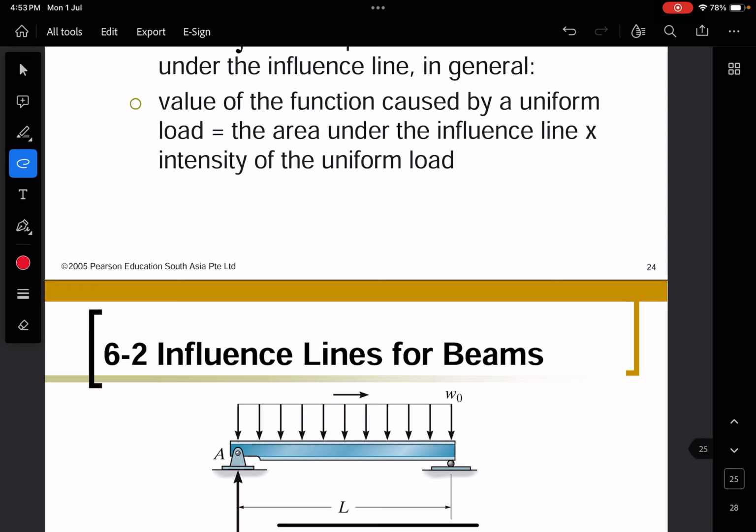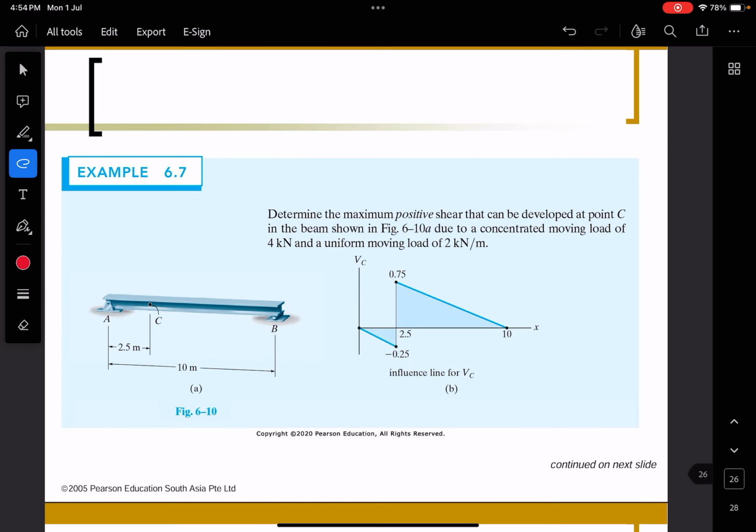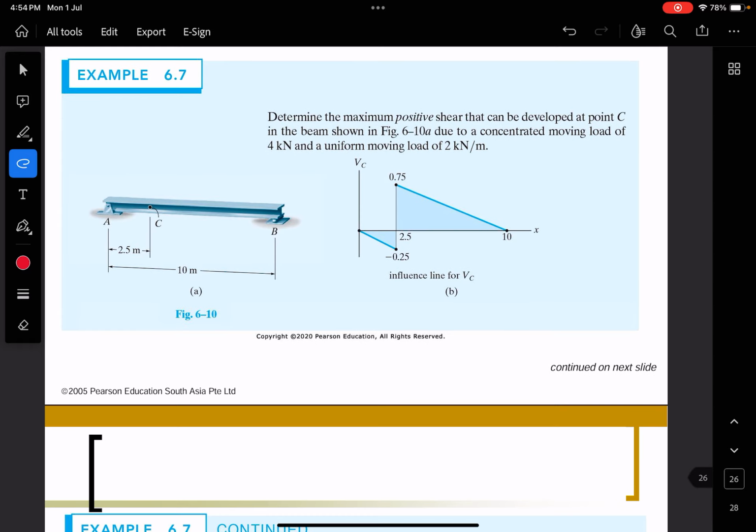So the value of the function caused by a uniform load is equal to the area under the influence line times the intensity of the uniform load. Okay. So it will be easier if we go to example 6.7 to see how to use this method to draw an influence line for a beam.